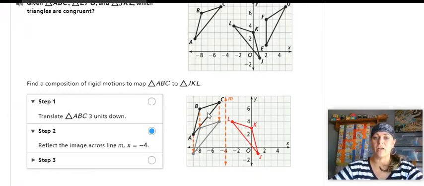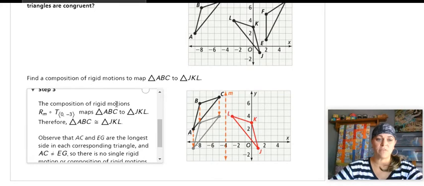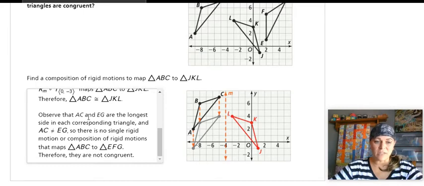So now can we figure out how to move this original, or even this red triangle, to get to this other triangle, that third one that's over here? So we look down here and say, the composition of the rigid motions, translating 3 down and reflecting over M, it works. So therefore, they're congruent. But if you look here, it's saying AC and EG are not even the same size.